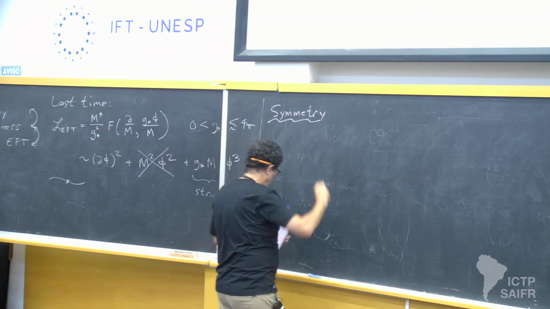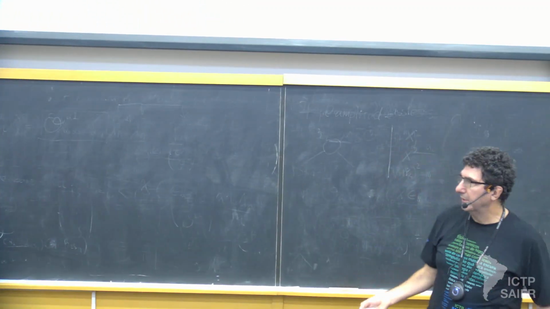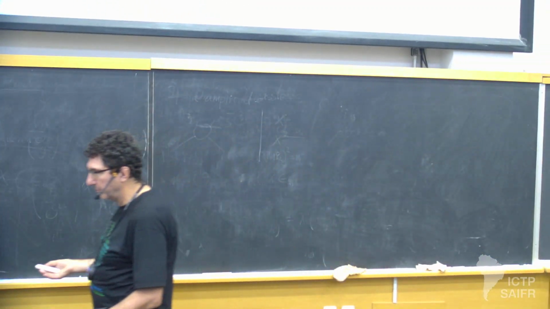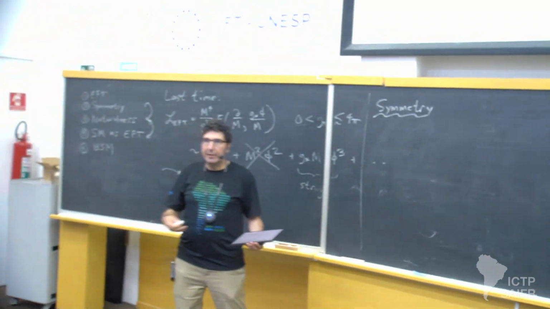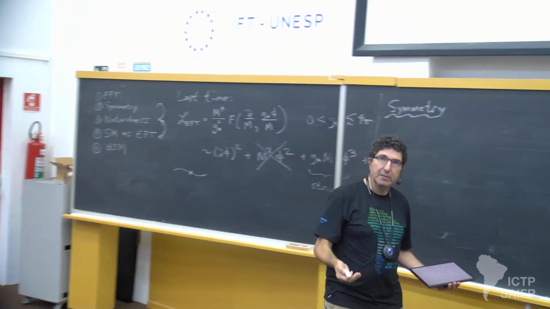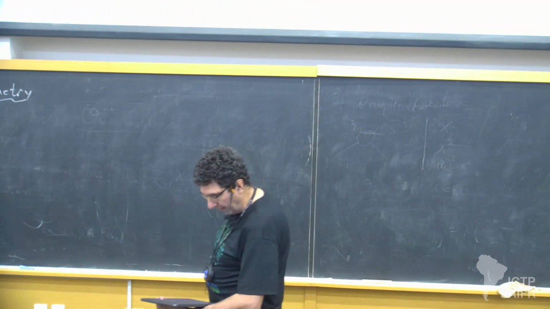Hopefully you know what symmetry is. It's some kind of a transformation that acts non-trivially on the system, but leaves some things invariant, right? That's sort of what the idea is, okay?